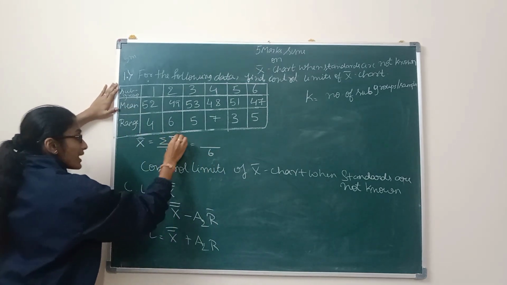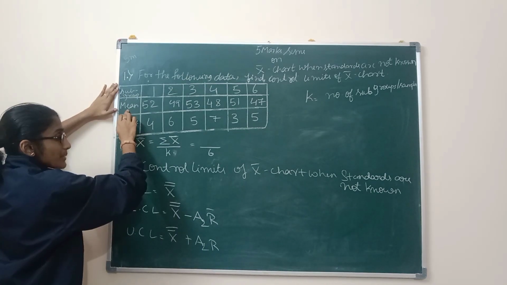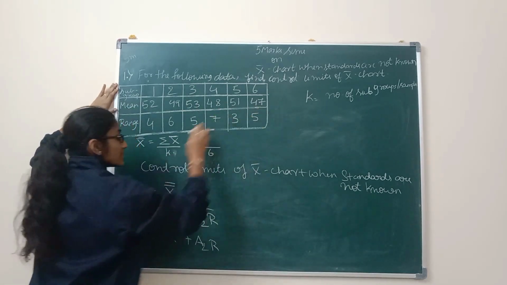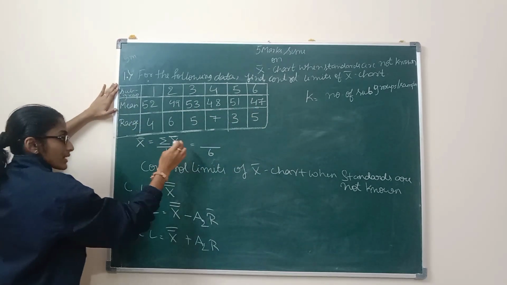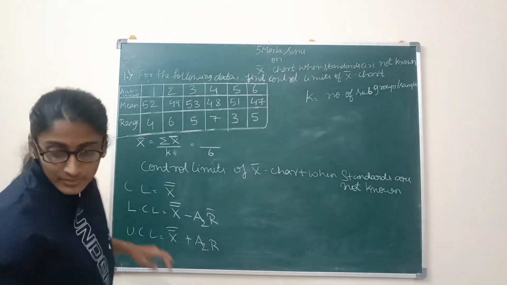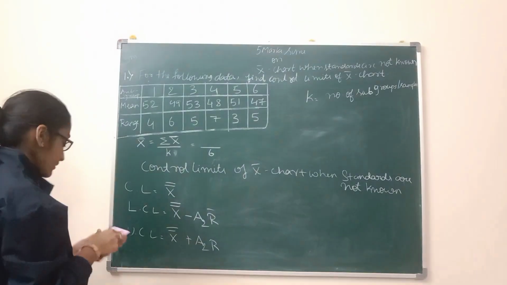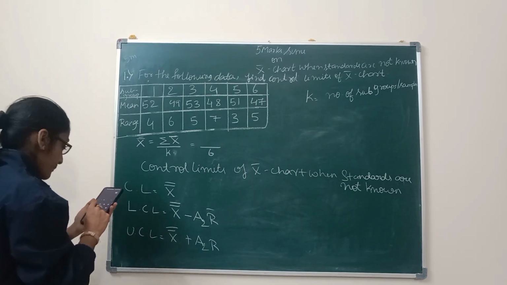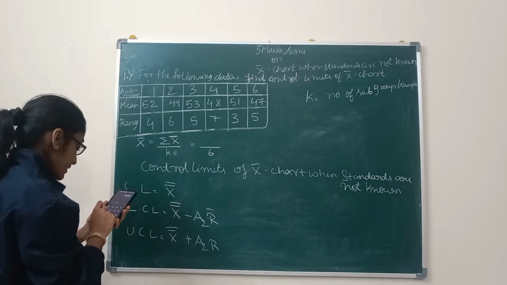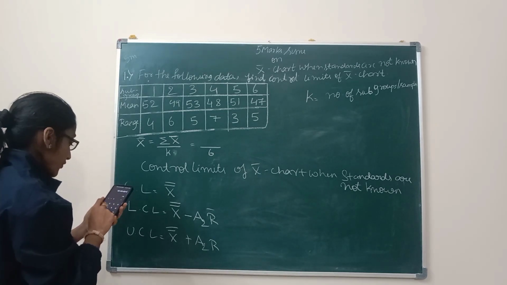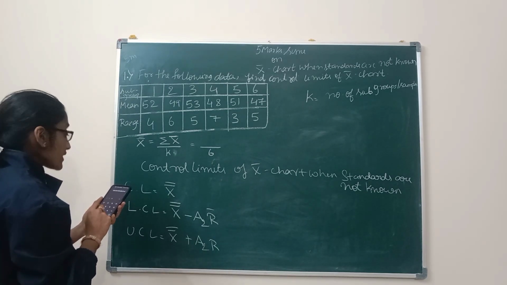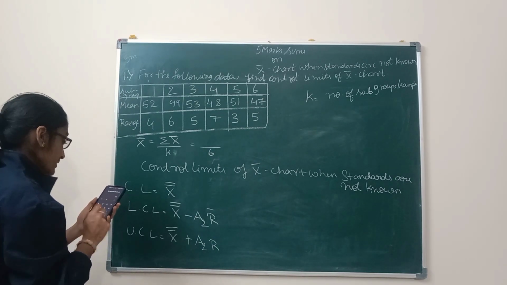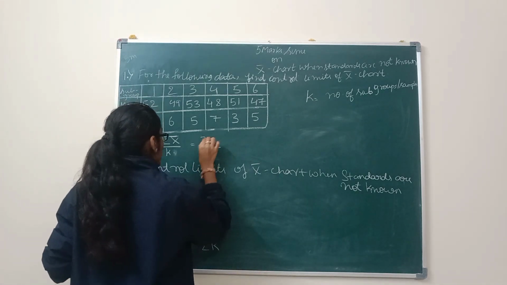Now X bar. So the summation of all mean values will give the summation of X bar. So when we add 52 plus 49 plus 53 plus 48 plus 51 plus 47, we get the total as 300.